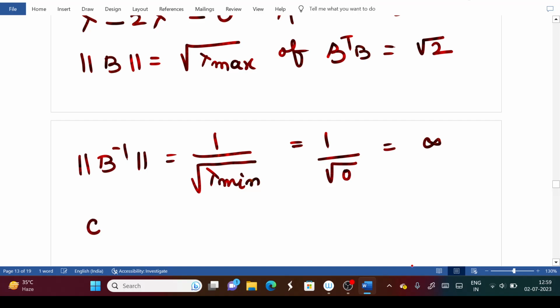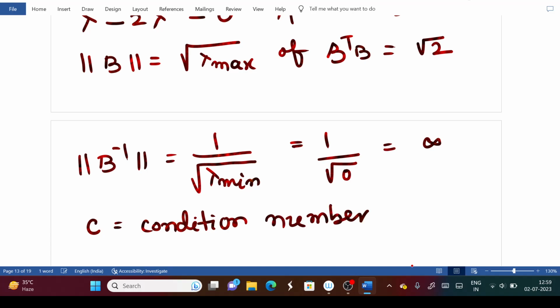So the condition number C is equal to norm of B into norm of B inverse, that is root 2 into infinity, that is infinity.